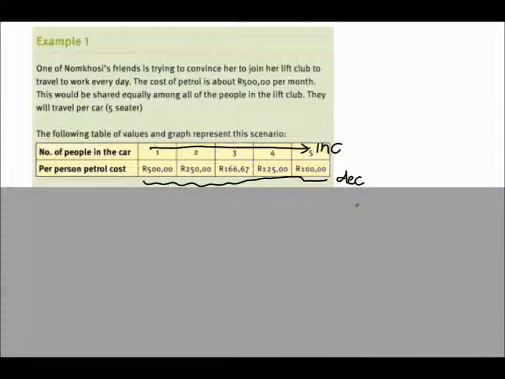Okay, how did we find that product? Well, 1 multiplied by 500 will give you 500. 2 multiplied by 250 will give you 500. 3 multiplied by 166.67, that's the rounded value, is 500. 4 multiplied by 125 will give you 500.